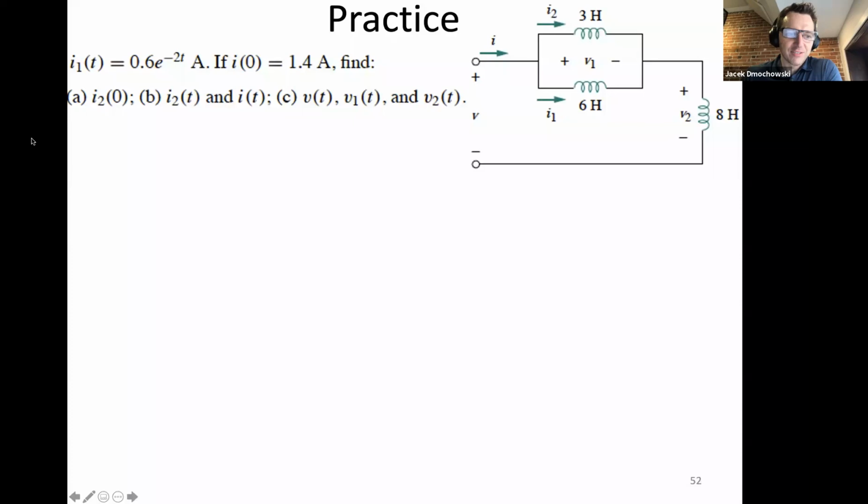0.6. Thank you, Christian, for keeping me on task. Yeah, the initial value of I1 is 0.6. The initial value of I is 1.4. So what is the initial value of I2?